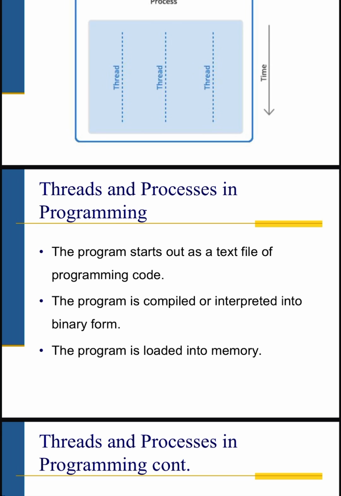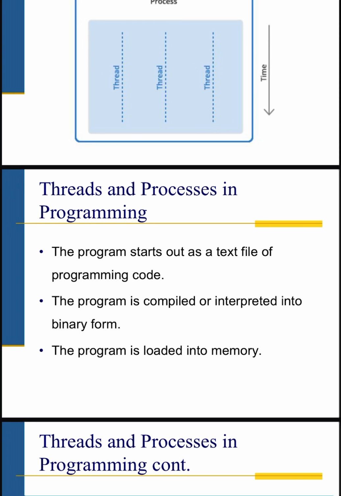A compiler compiles or interprets your code into binary form for the computer to understand. It changes it from source code to machine language, which the computer understands.